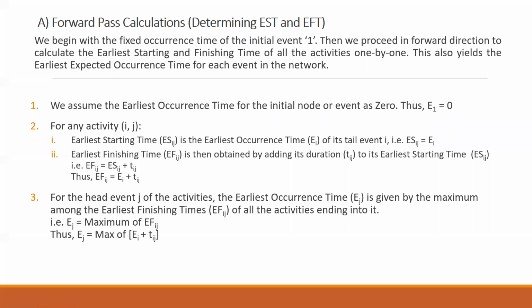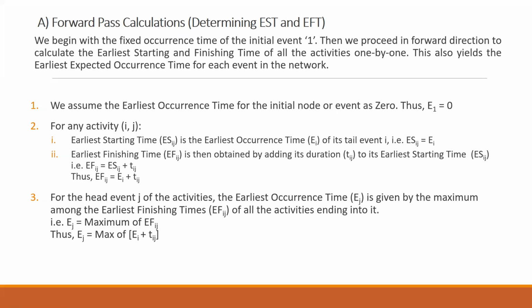Secondly, if there are two or more arrows merging in a particular node, then for a head event, let us say J of an activity, the earliest occurrence time, that is Ej, is given by the maximum among the earliest finishing times. If there are 2 arrows coming in, they are finishing at 2 different periods. Let us say one is finishing after 4 days and the other after 6 days.